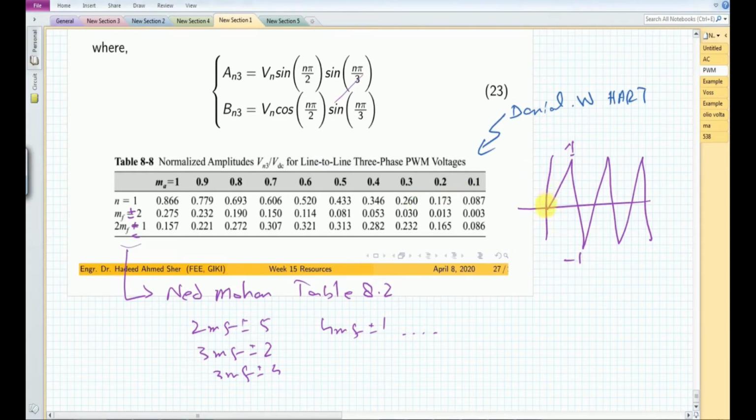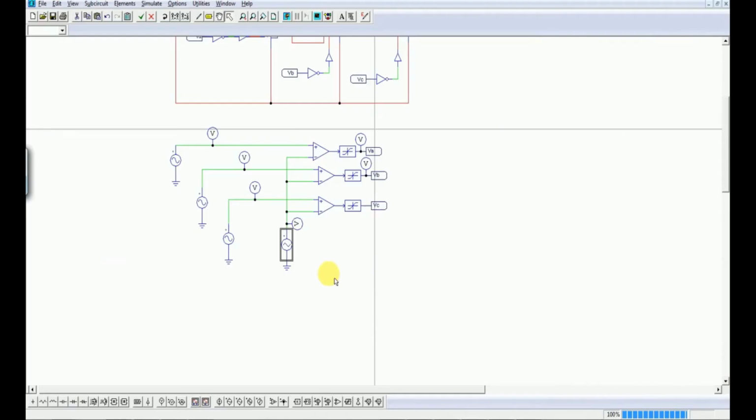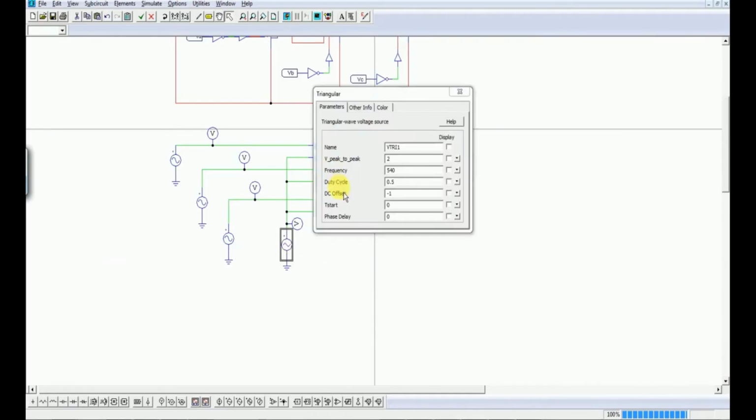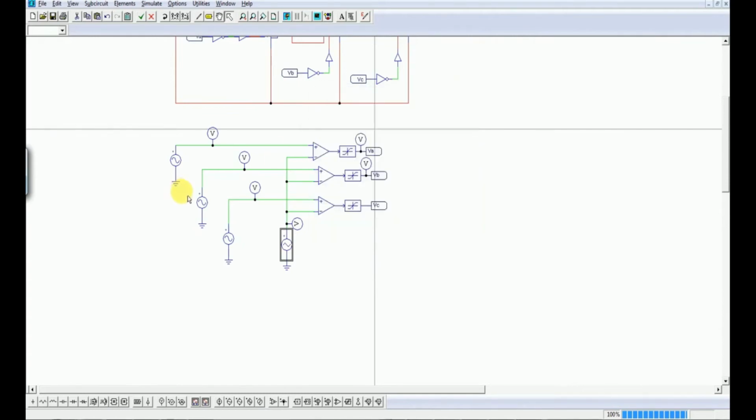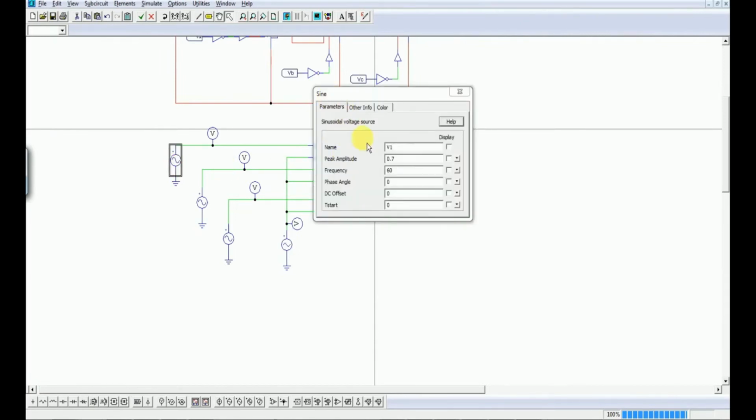And with this sine wave equal to 0.7, this says that the M of A is equal to 0.7. So for the simulation process, this M of A is equal to 0.7, and that is set by putting the value of peak to peak voltage equal to 2 for this triangular waveform, and 0.7 for the sinusoidal waveform. So we are expected to have an output frequency equal to 60 Hertz.